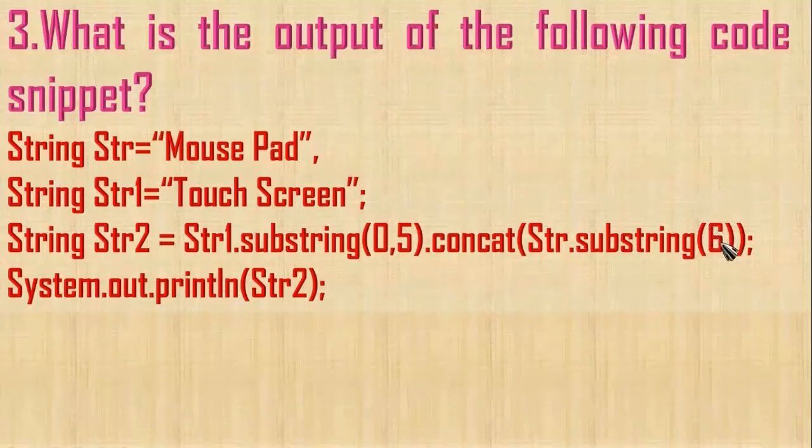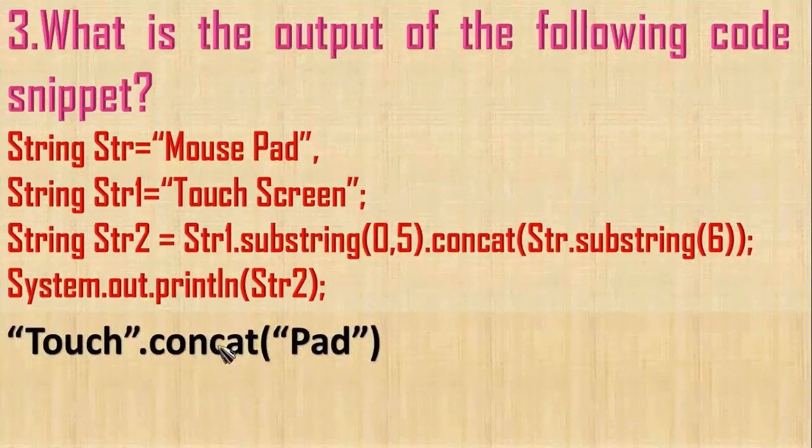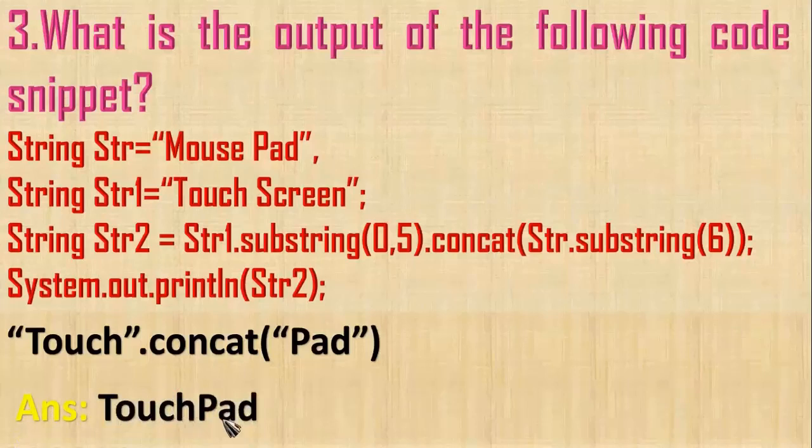See here only one argument is given, so from that index whatever is there, everything will be taken. str is mousepad. So let us count 0, 1, 2, 3, 4, 5, and then 6 starts from p. So from p the remaining everything will come. So it will be touch concat pad. So both together will be the answer, touchpad.